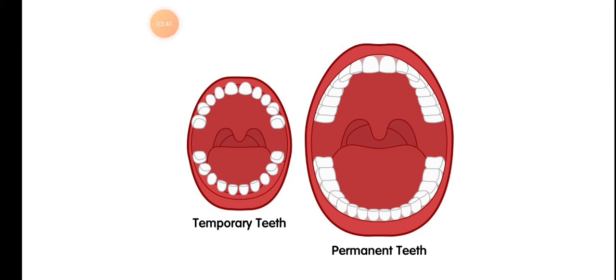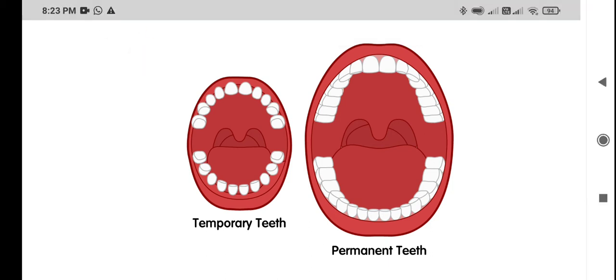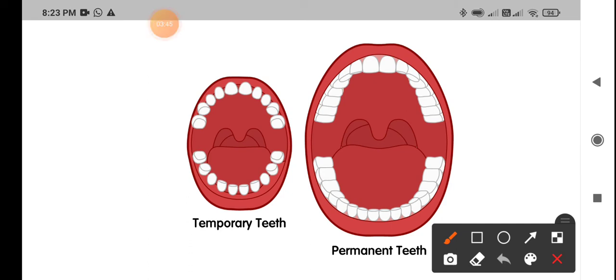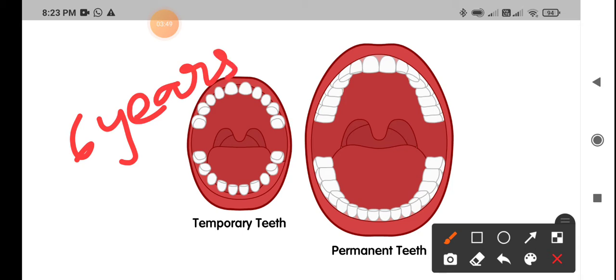So they will have this set of teeth up to 6 years. Right from 6 months to 6 years, the set of teeth that children have are known as temporary teeth. Why? Because after 6 years they start falling.